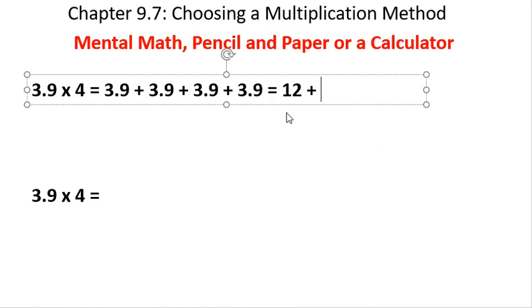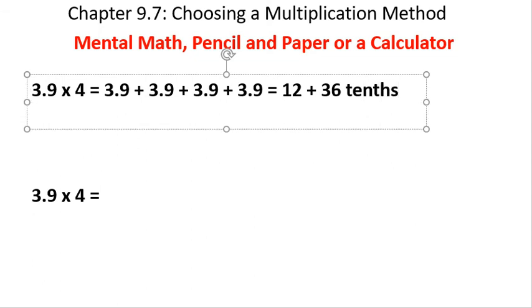So if I have 9 tenths and I do 4 times 9, it's 36 tenths. Of course, by now we know another way of writing 36 tenths is 3.6. So I can rewrite that as 3.6. So 12 plus 3.6 is 15.6.